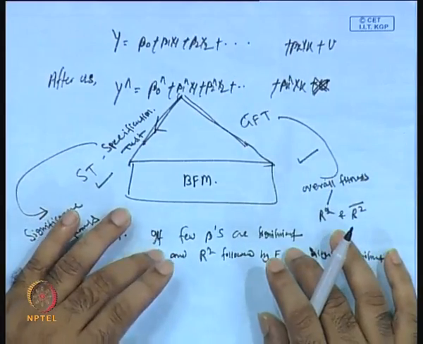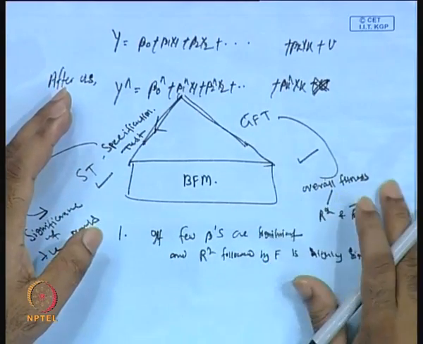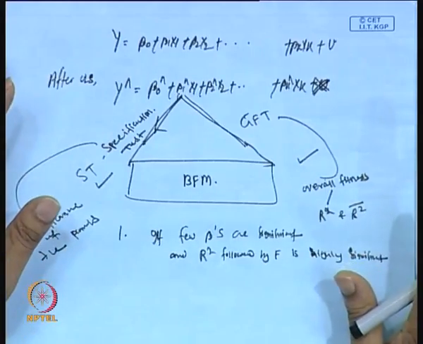So in the first case, if all these betas are significant and R square is significant, then we have the best fitted model.